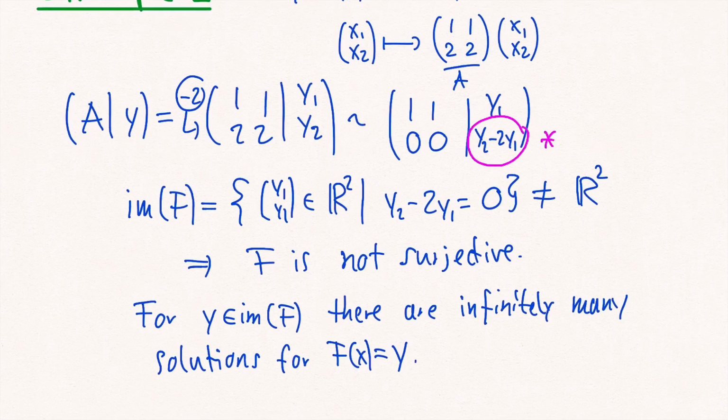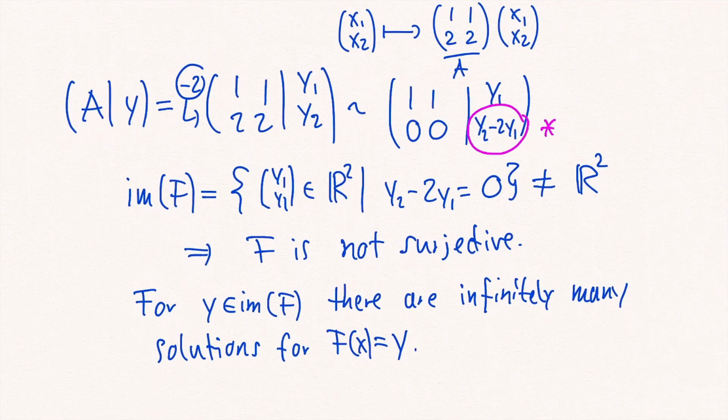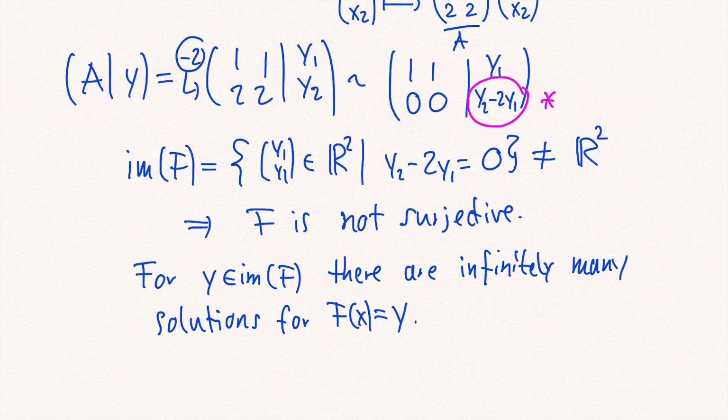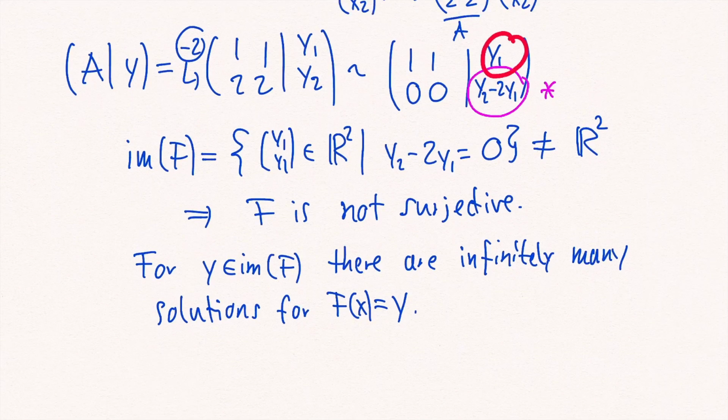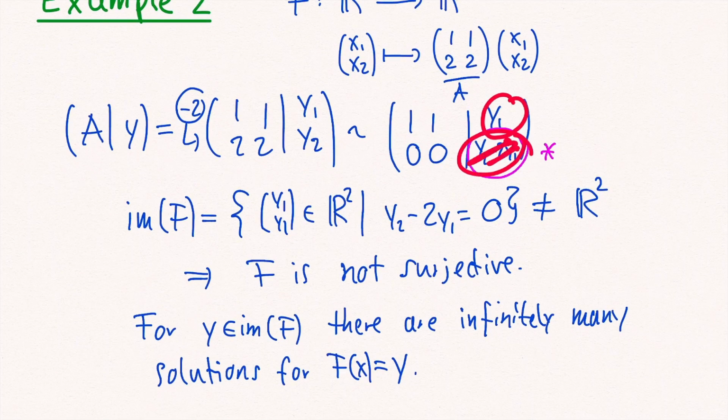So let's make this precise. Maybe just choose one explicit example to show that this is not injective. So for this, we need to choose one element in the image, meaning we just need to find a vector satisfying this. And this is quite easy, because, for example, we can choose a 0 vector. So for example, if y1 and y2 equal 0, then everything here on the right is 0. And what are the solutions?